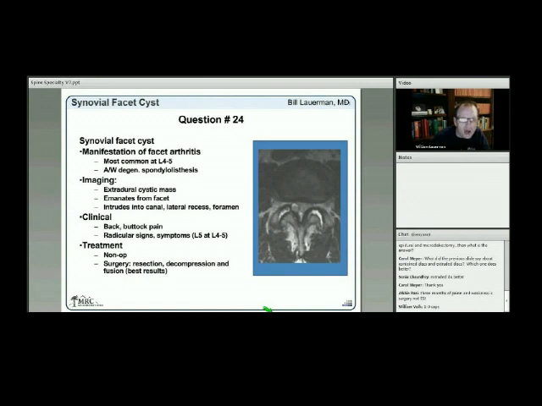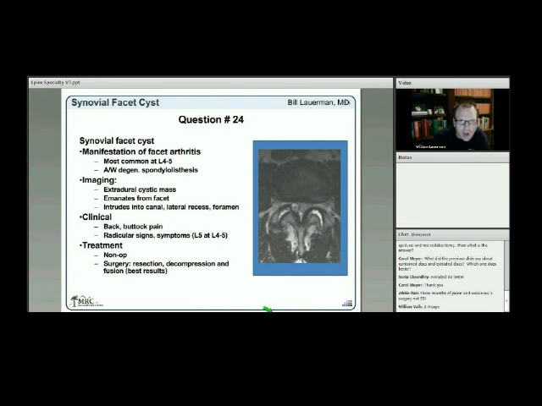And the most common presentation, like we see here, is for the cyst to extrude into the lateral recess and get the traversing or L5 nerve root at L4, L5. Treatment options include non-operative treatment, which is basically just the treatment for spinal stenosis and facet arthritis.